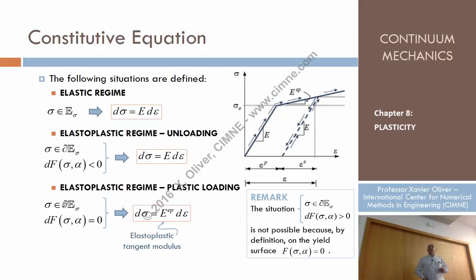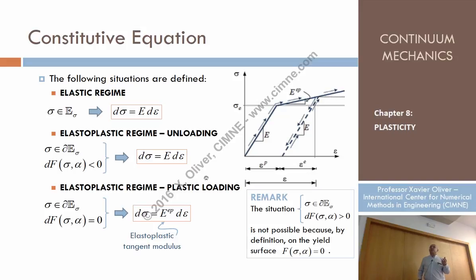And look, if sigma is at the boundary, why not increment of f greater than 0? We have checked sigma being at the boundary here, unloading, so the increment of f smaller than 0, that is elastic, so it moves towards this branch. Sigma is at the boundary, but then the increment of f is equal to 0, so sigma remains on the plastic branch.